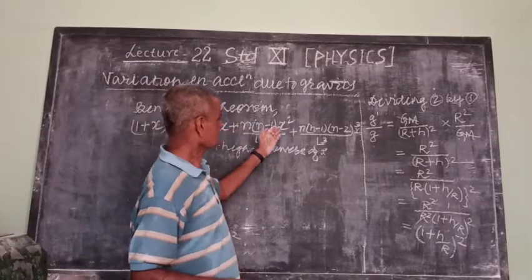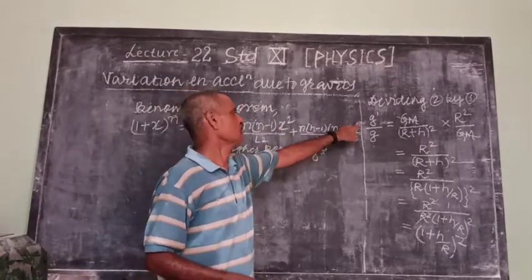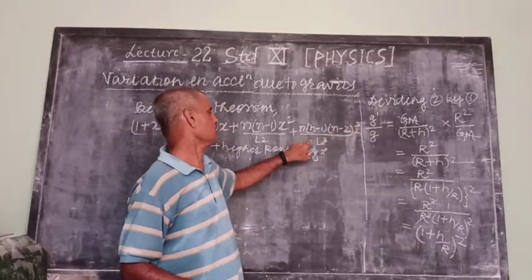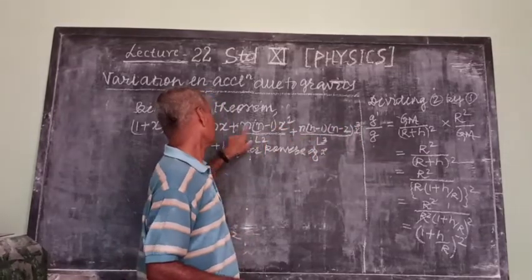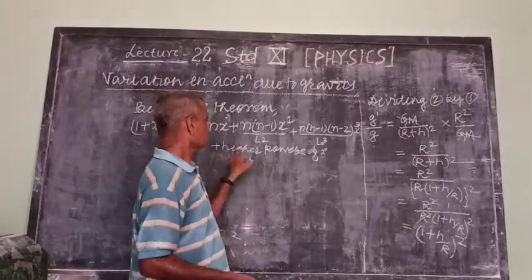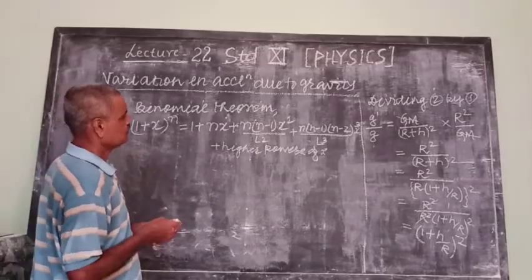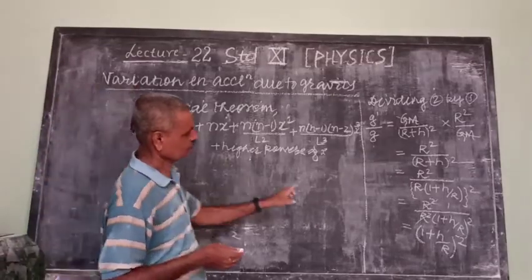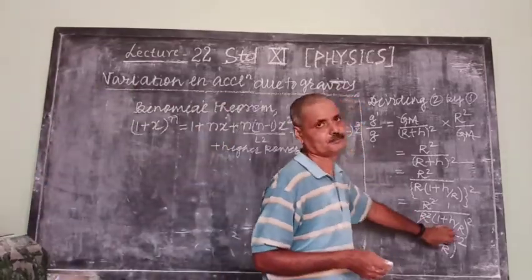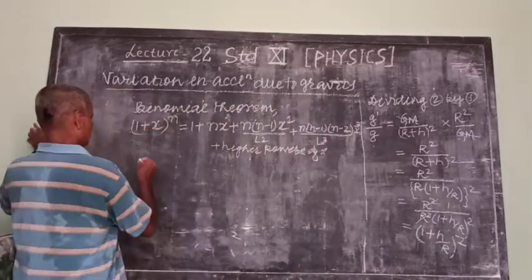In every case, this is your x square, x cube: power 3 with factorial 3, power 2 with factorial 2, power 1 by factorial 1, which is 1. You must compare this formula with this one.